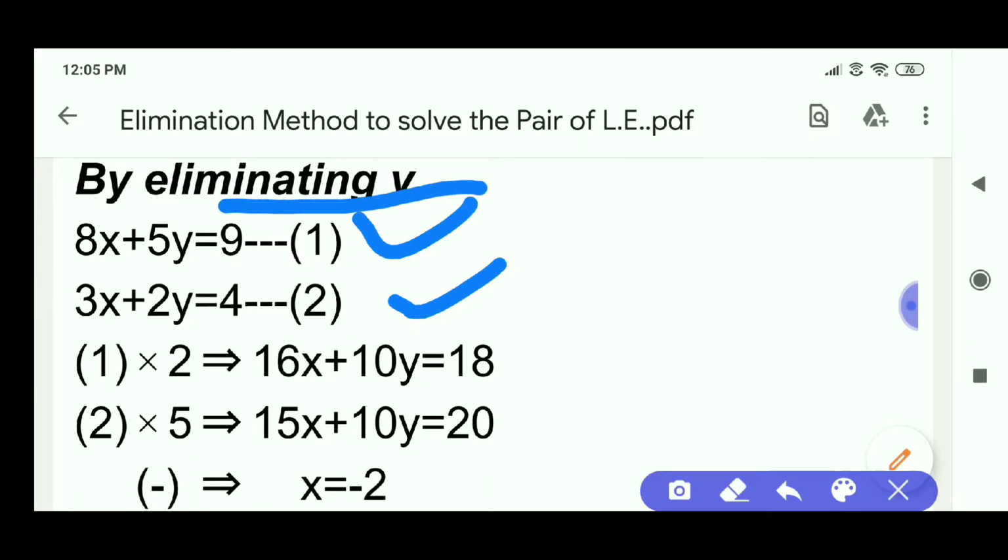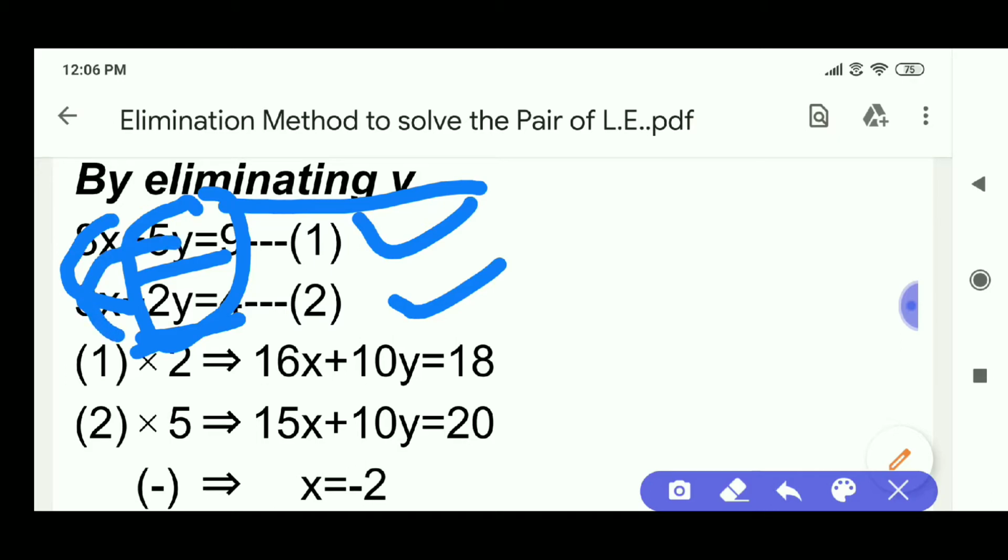How to eliminate y? Observe the coefficients. For the second equation, the y coefficient is 2. So multiply the first equation with 2. And in the first equation, the y coefficient is 5. Multiply the second equation with 5.